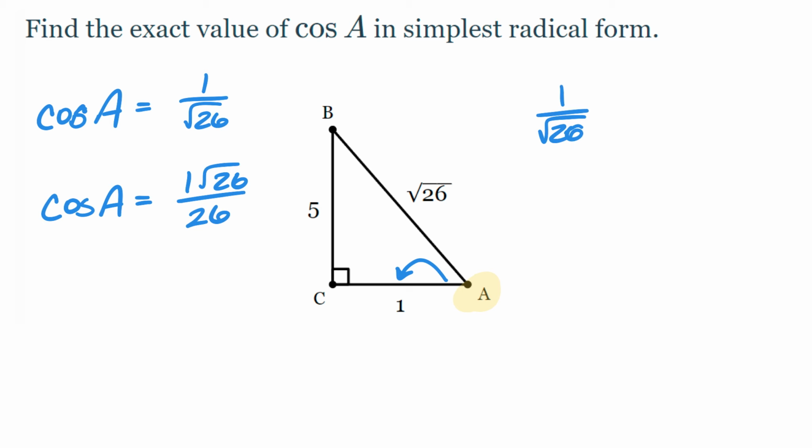For those of you, I'll do the good teacher thing and show you the correct way we're supposed to do this. We multiply times the square root of 26 over the square root of 26. And then 26 times 26 would be 676, so we get the square root of 26 over the square root of 676, which is 26.